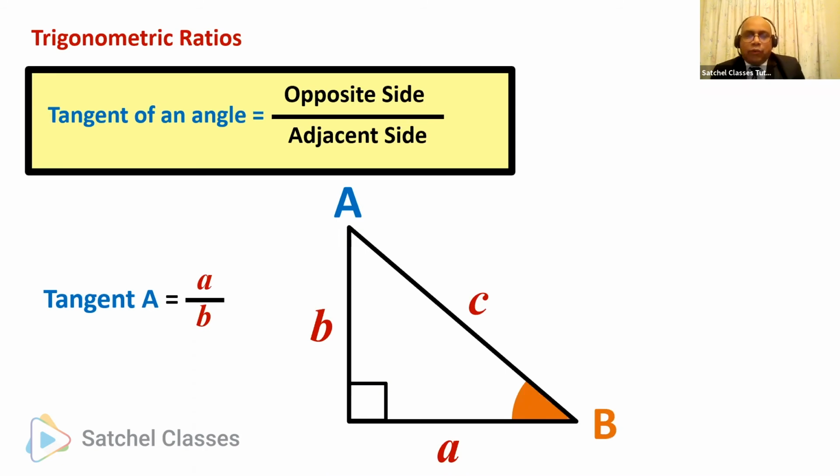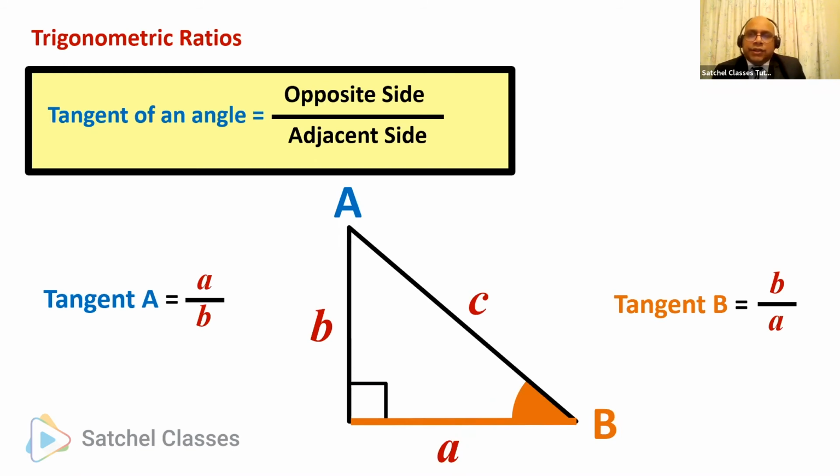Likewise, what is tangent of angle B now? With respect to angle B, tangent would be opposite side of angle B, which in this case is B, divided by the adjacent side of angle B, which is A. Right?